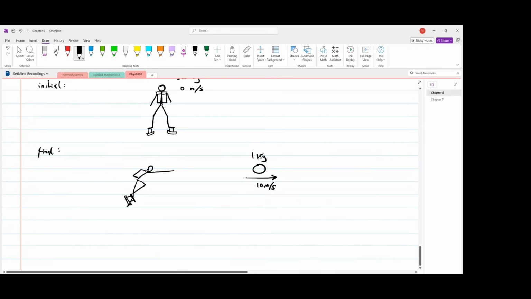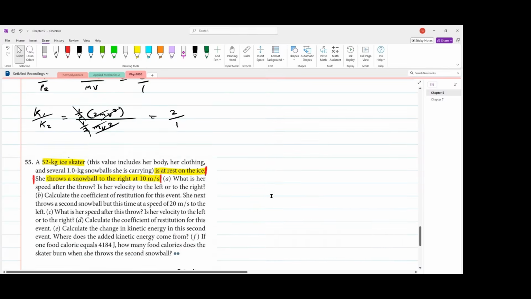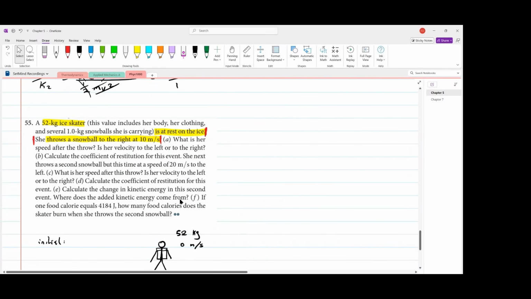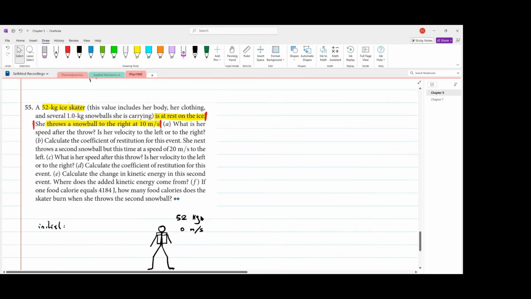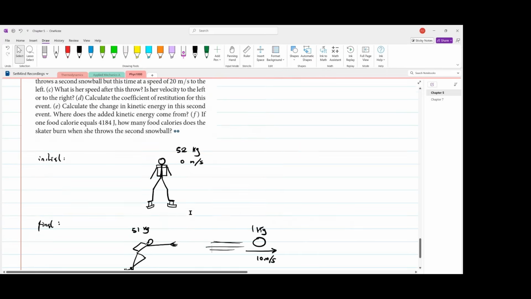Logically, we know that after this throw, our weight should now be 51 kilograms, because now it is without that 1 kilogram. So she throws it. Now, what do we want to know? We want to know the speed after the throw, and we also want to know if the velocity is to the left or to the right.